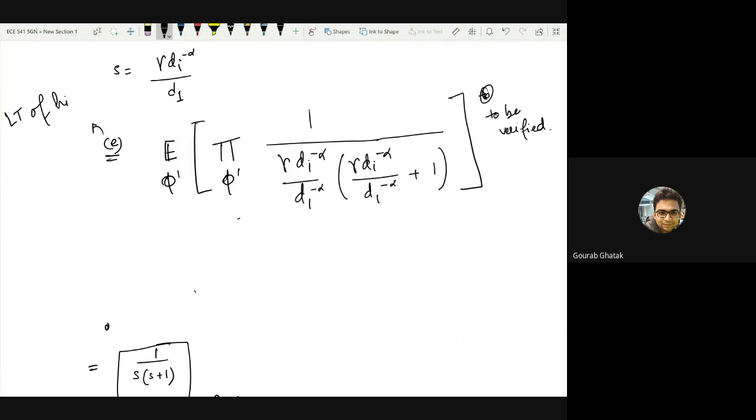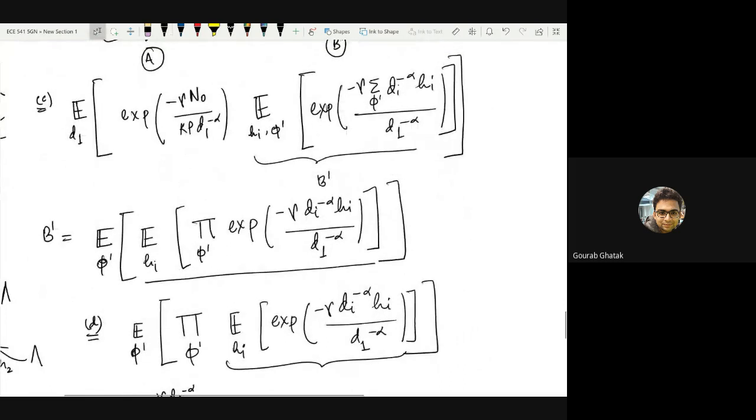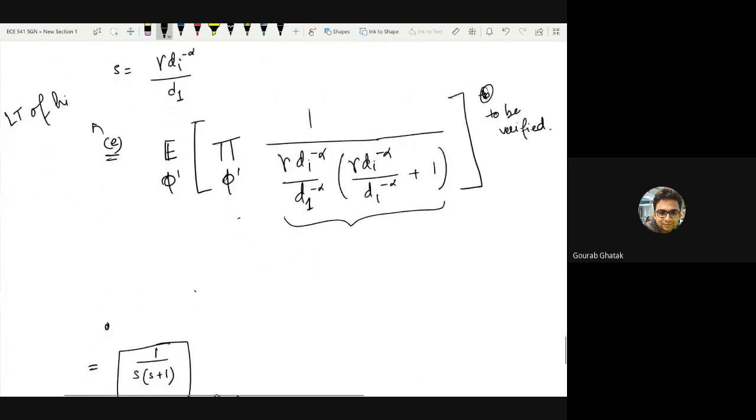So now what we are left with is a function. Again, remember this d1 for the moment is constant because we are still evaluating b dash, which is simply an expectation over phi dash. For that particular evaluation, we will consider d1 to be constant because we will take an expectation with d1 at the end, while we have already multiplied with the other term. Okay. So d1 is constant.